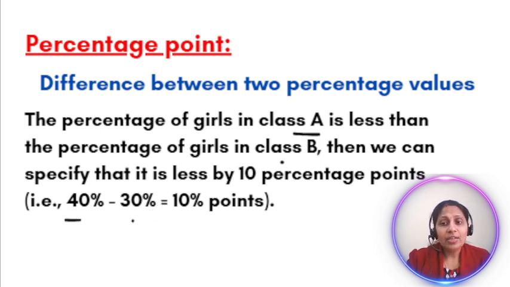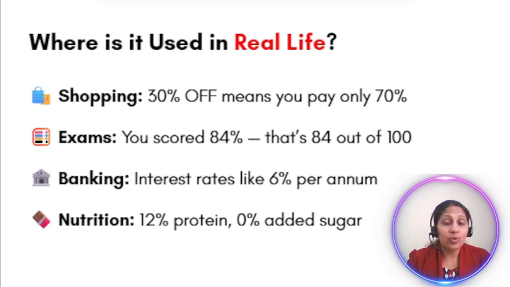Now, where is it used? As I told you already, in shopping, you might have noticed 30% off. It means that you are going to pay only 70% for it. And in exams, you scored 84%, meaning 84 out of 100. In banks, they might say interest rates like 6% per annum. And then also in the packs.